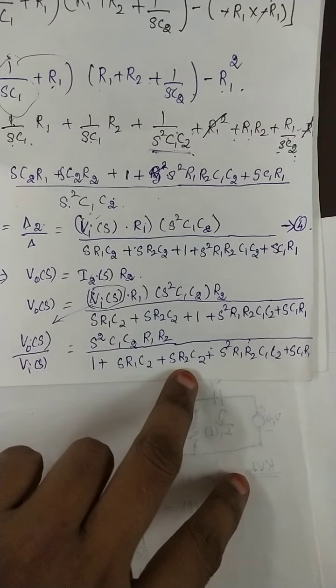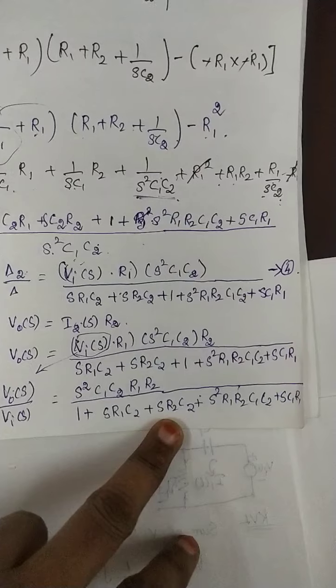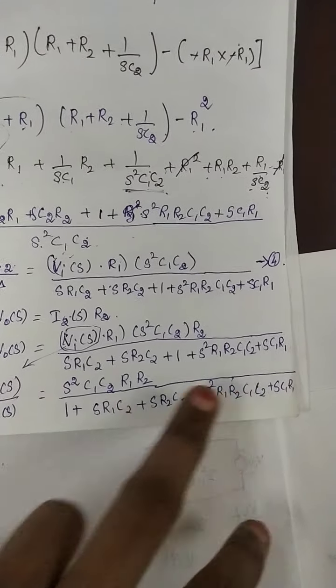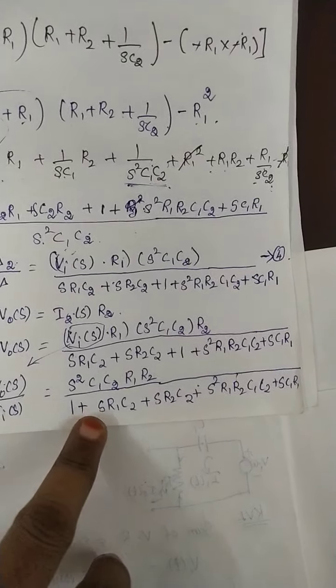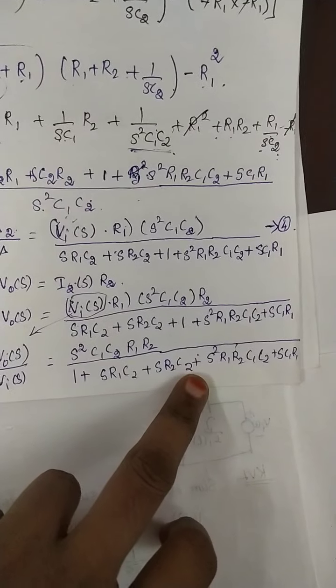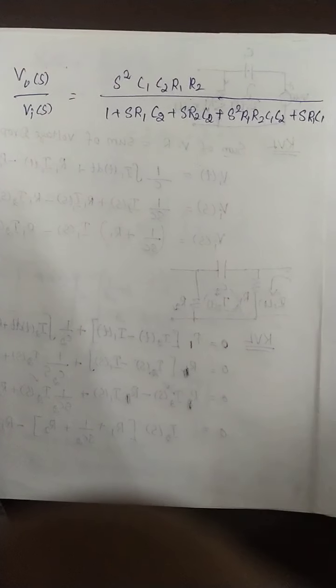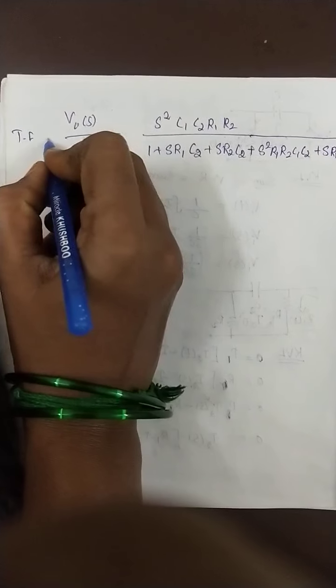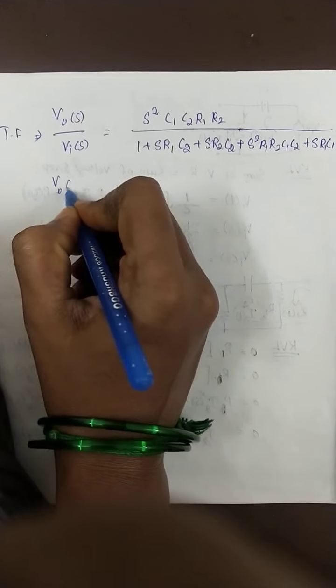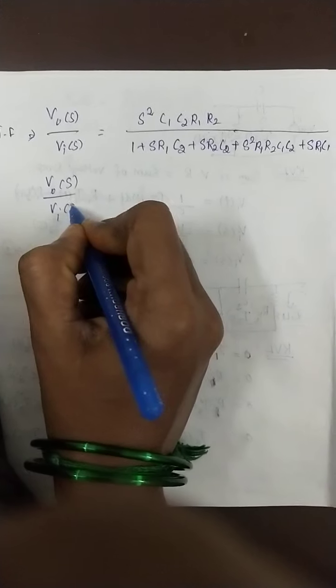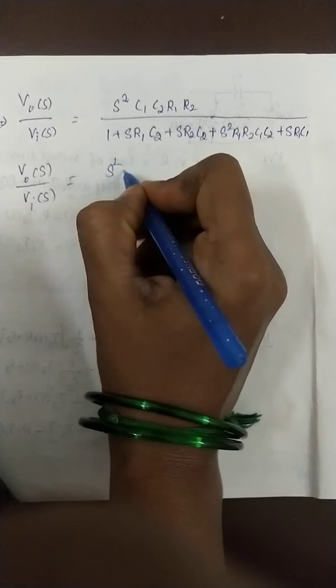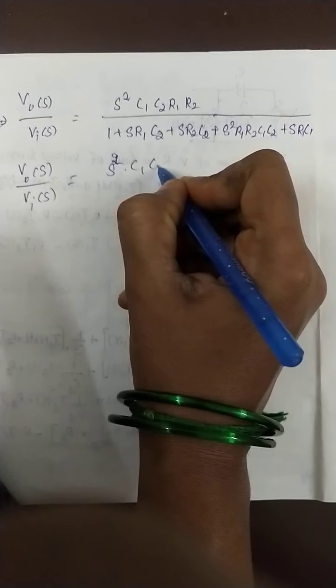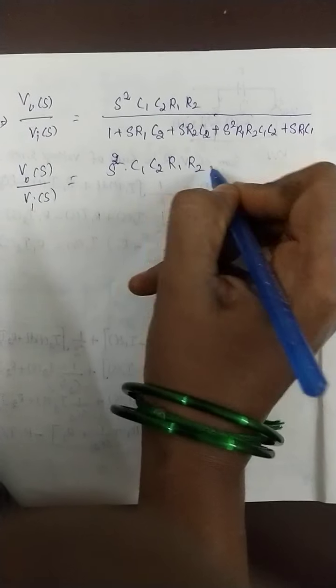Hereafter we are going to simplify this equation in terms of S squared and S, in terms of S. So how do we write it? See it. This is the transfer function of the given electrical network. Here I am going to simplify the above equation like this. So S squared C1 C2 R1 R2.